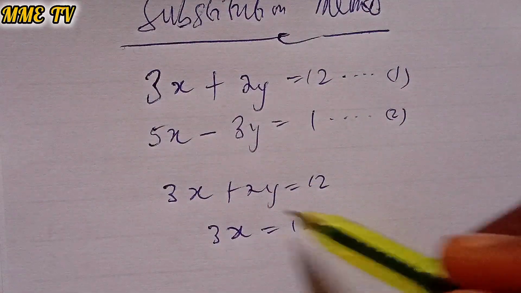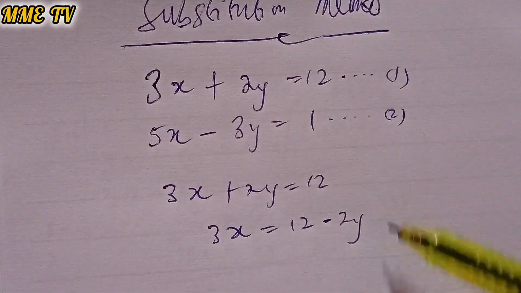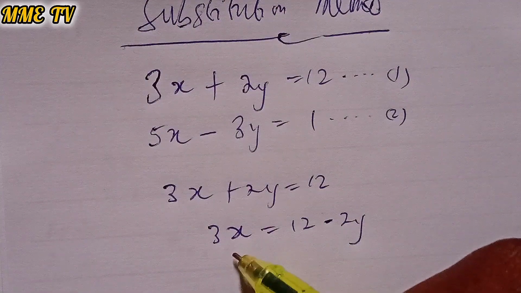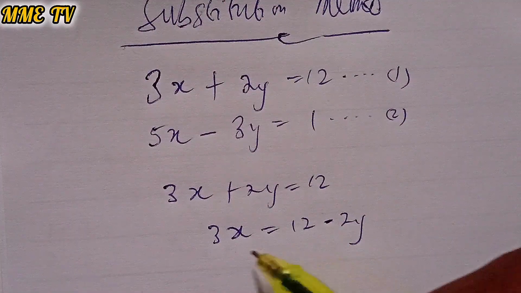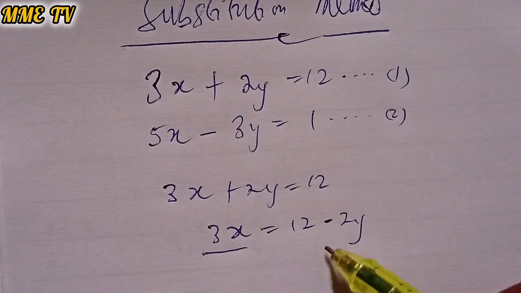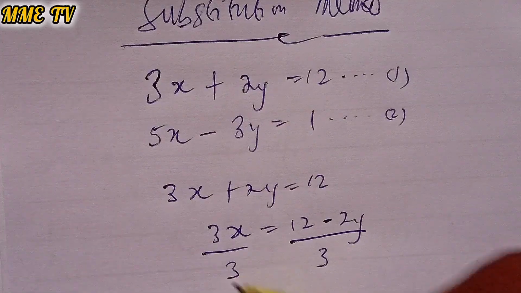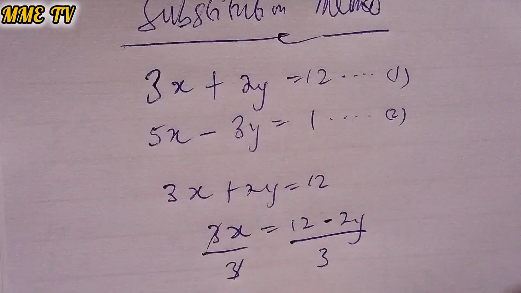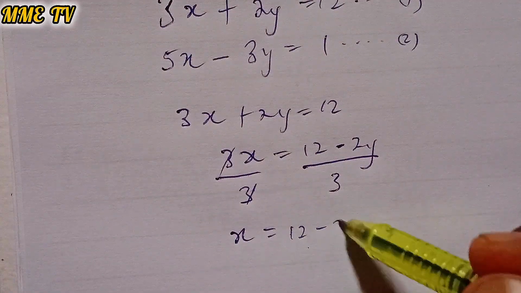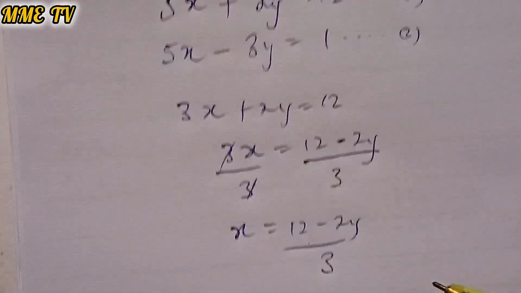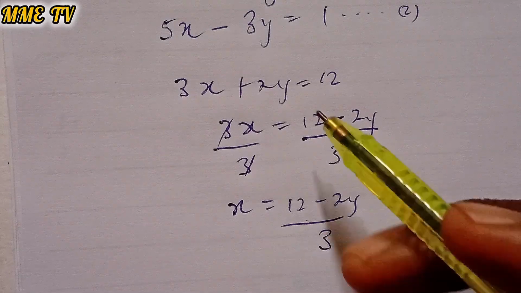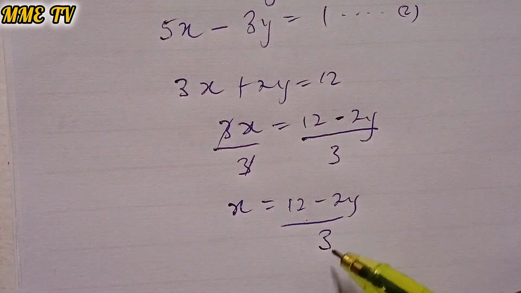So I'll be having this come over here, minus 2y. What this means is that any place that I see x, because what I'm trying to make the solving formula is not 3x, is x. So I will divide both sides by the coefficient of x, which is 3. So 3 cancels this, and I'm left with x is equal to 12 minus 2y over 3. So now, any place I see x in equation 2, I will substitute for this.